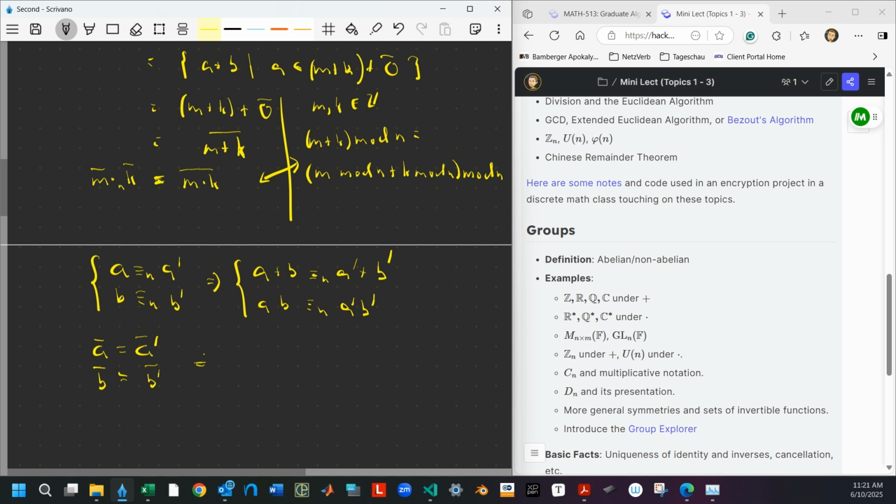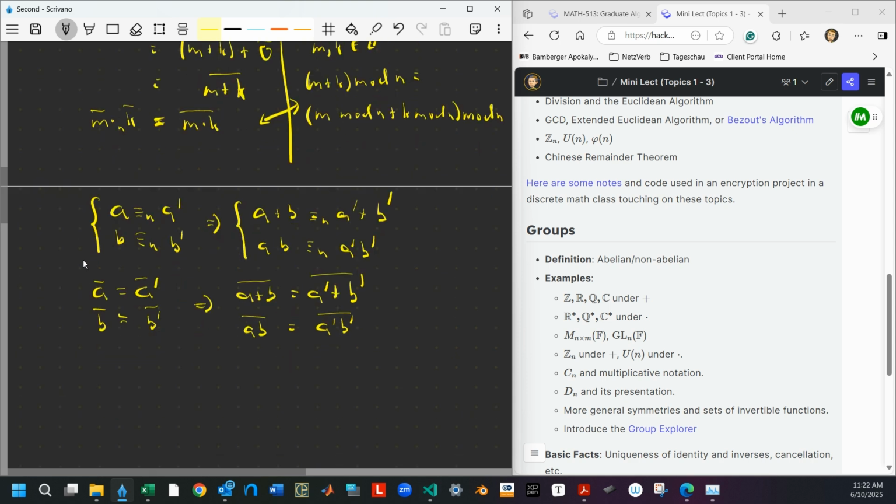And so then we're trying to show that A plus B bar equals A prime plus B prime bar, and AB bar equals A prime B prime bar, right? So that's actually the equivalent. So proving these two things are equivalent to each other.